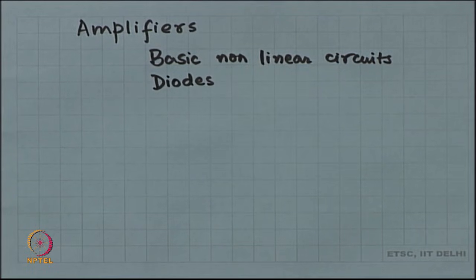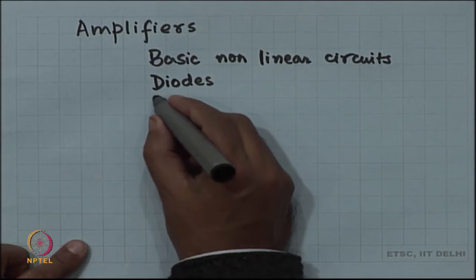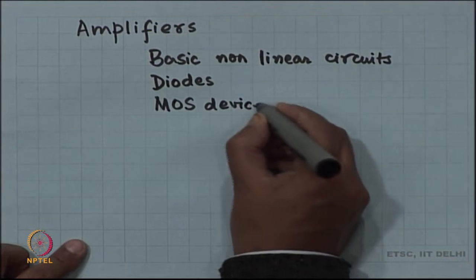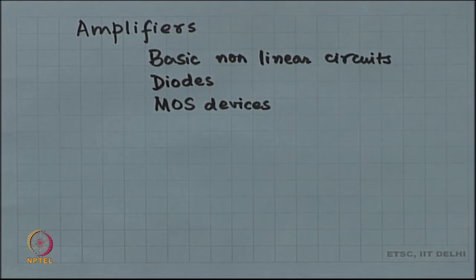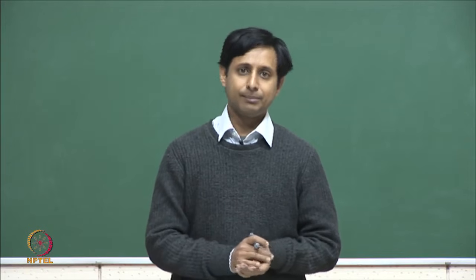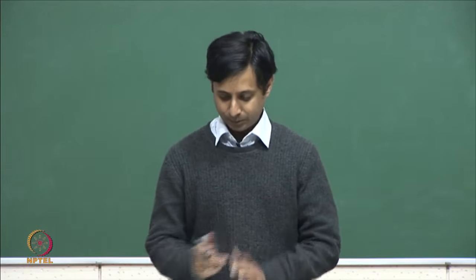Then we are going to start using MOSFETs. So, with MOS devices we are going to first make very basic single transistor amplifiers: common gate, common source, common drain amplifiers. Then we are going to start making two transistor, multi transistor amplifiers.